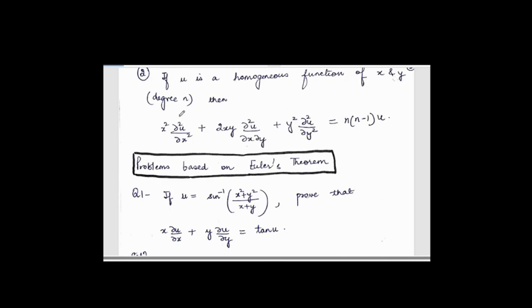So x square into the second order derivative of u with respect to x plus 2xy into the mixed derivative del 2u by del x del y plus y square into del 2u by del y square turns out to be degree into degree minus 1 times the function itself. So this is the order 2 result which you get, but it's not used very frequently in the questions. So we are avoiding the proof here. The proof is not very difficult. We'll be demonstrating the proof through a sample question here.